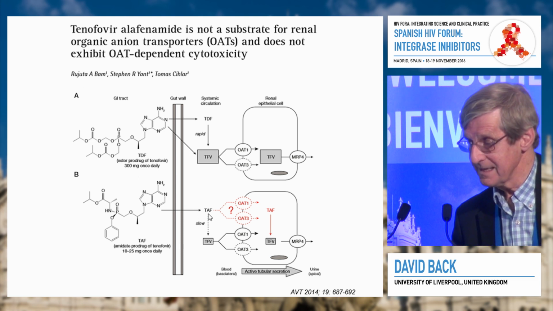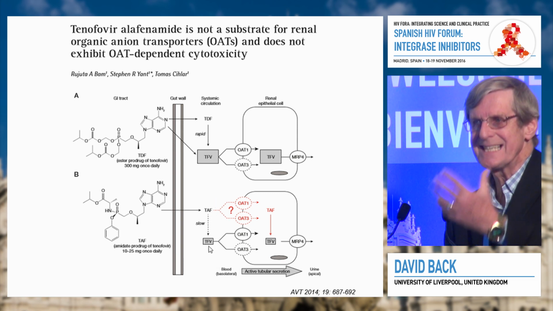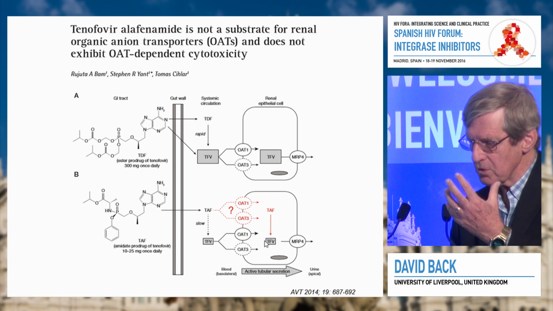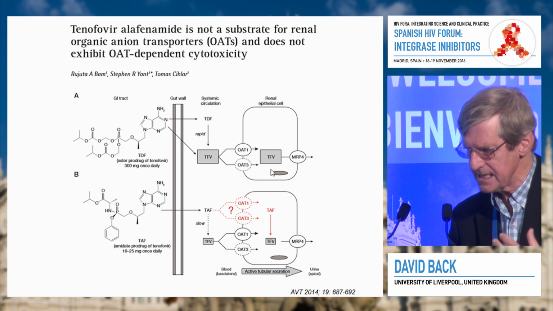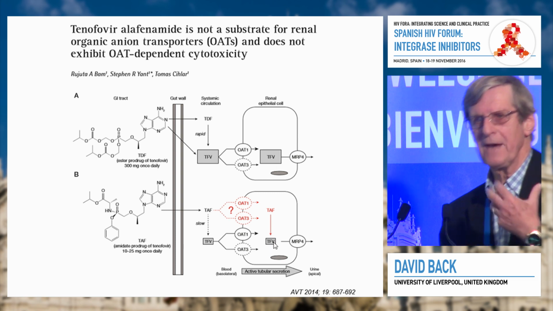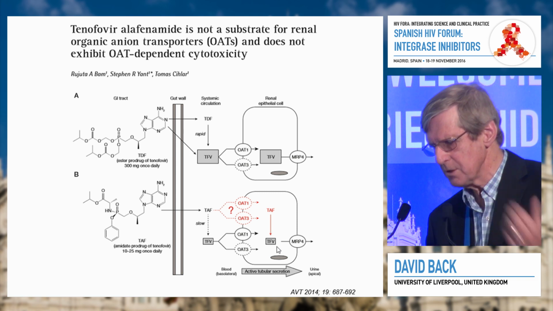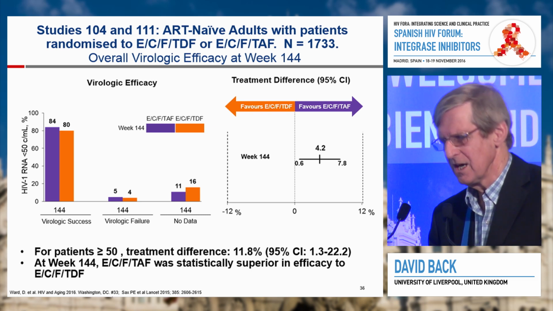With TAF, TAF has got much less tenofovir circulating, it's 90% less, and therefore getting into the renal proximal tubule, there will be less tenofovir. So the size of these boxes reflects how much tenofovir is likely to get into the renal proximal tubule.